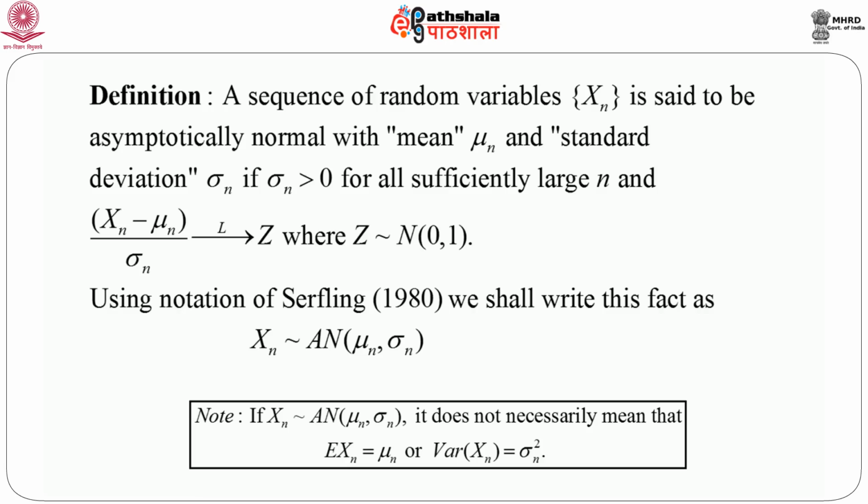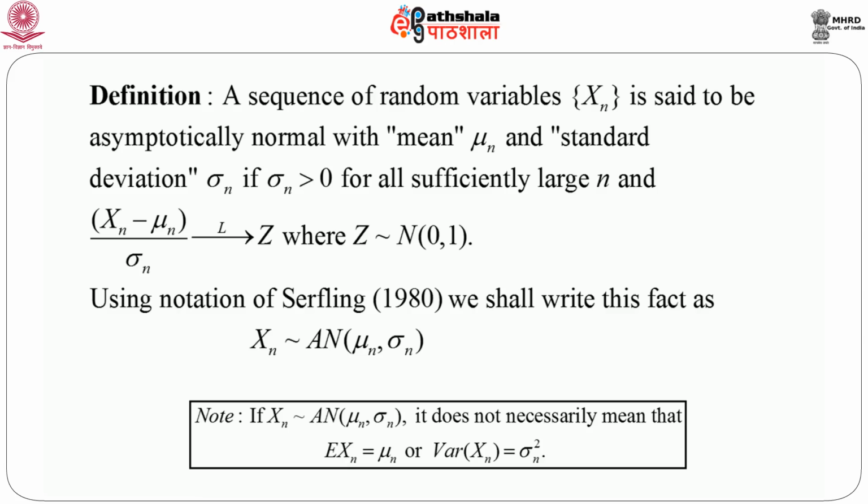Serfling used this notation, and following Serfling's notation we introduce the same notation here. Xn is AN, asymptotically normal, with mean mu n and standard deviation sigma n. We mention that this mu n is not the mean of the asymptotic distribution.